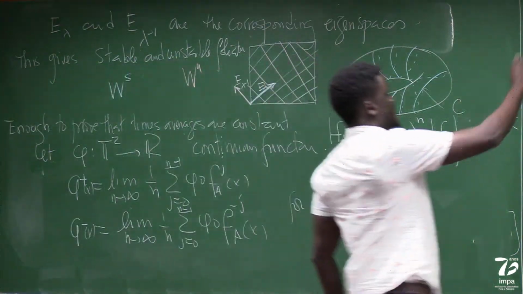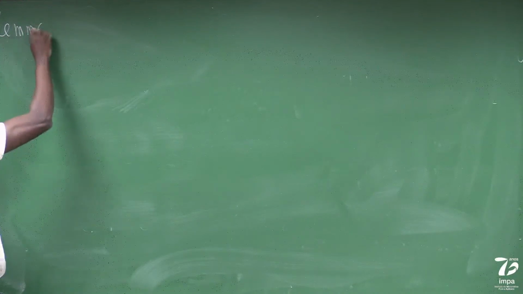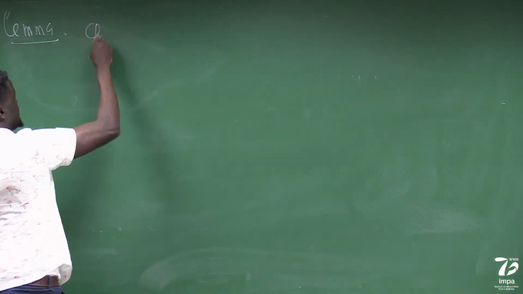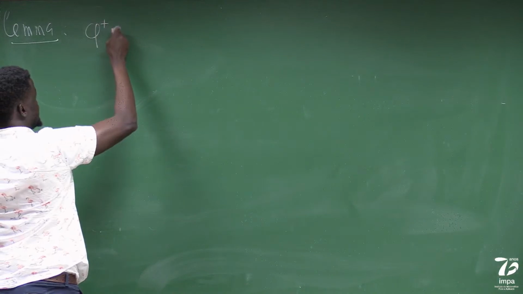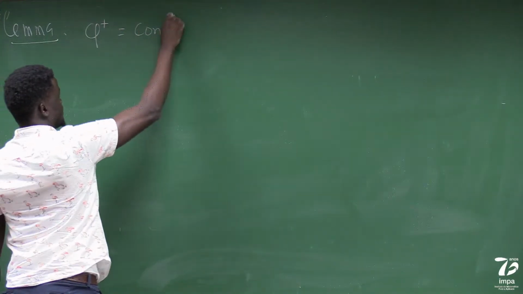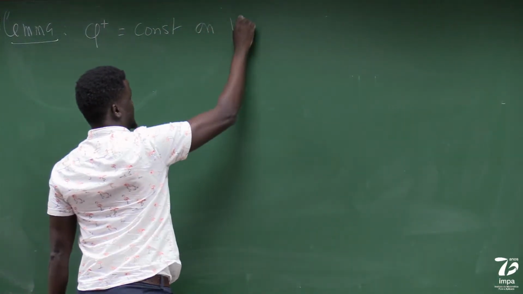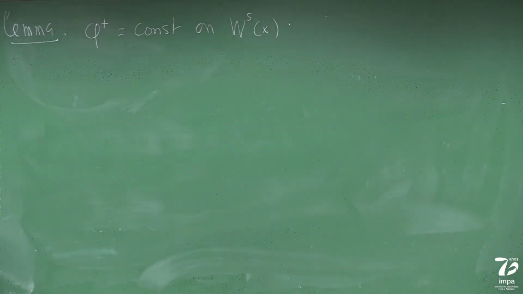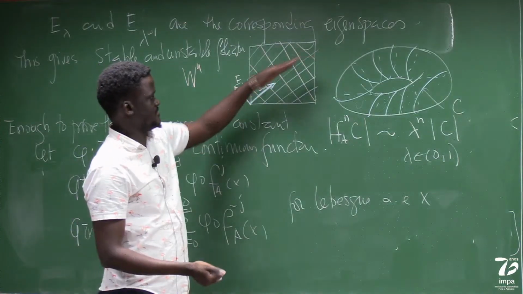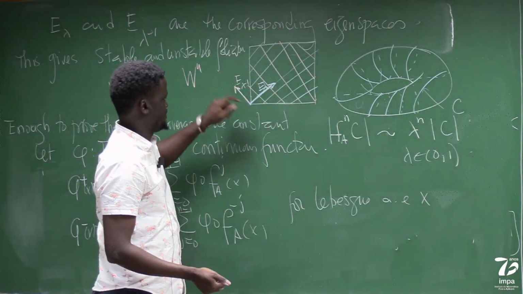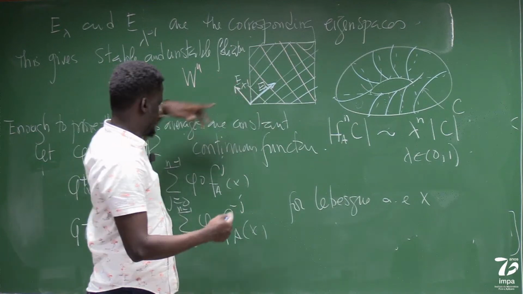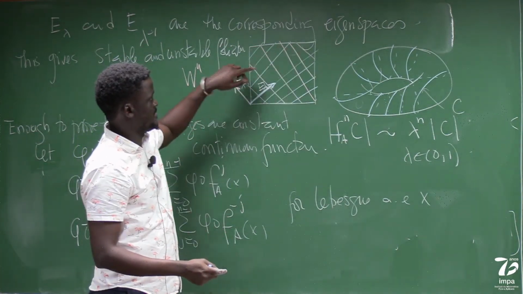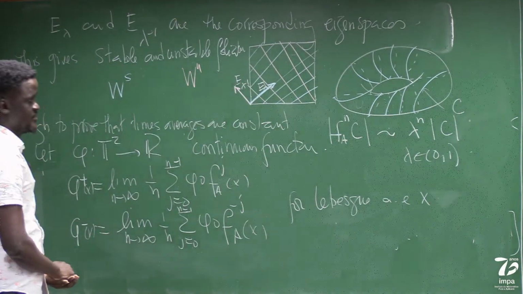So there is this lemma that phi plus equals a constant on W^S(x). If you pick a point, phi plus is constant along the stable leaves of x. Again, this is a dense set. If I pick x as (0,1), this lemma is telling you that this function is constant for all points on this guy.